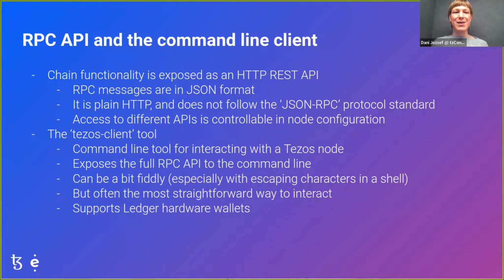So when you need to input something with lots of brackets and spaces, it can be a bit uncomfortable in Shell. But often this is the most straightforward and simplest and quickest way to do something simple on the chain. And it also supports Ledger hardware wallets. So if you want to do something with a Ledger hardware wallet key quickly and you know exactly what you need to run, Tezos client lets you do that.